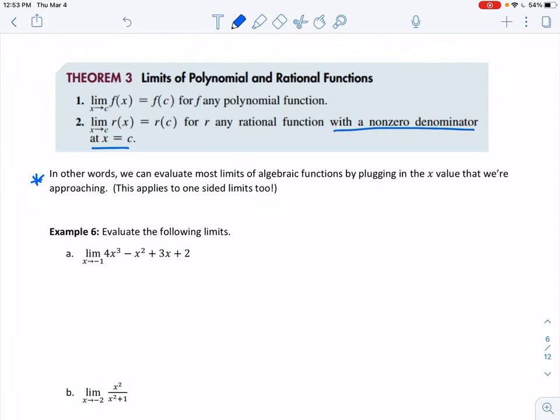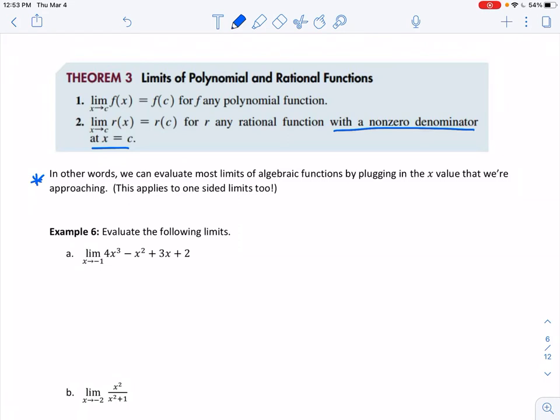So for the vast majority of the functions that we're going to be working with, to evaluate the limit, we can just go ahead and take that number, plug it into our function, see what we get back. As long as we don't run into trouble, and that's why I have this underlined with a non-zero denominator.